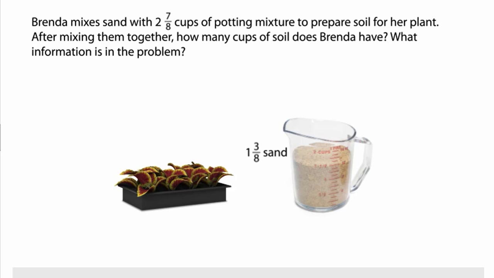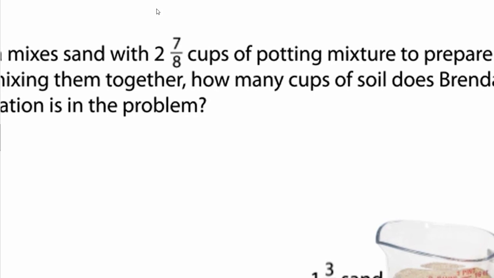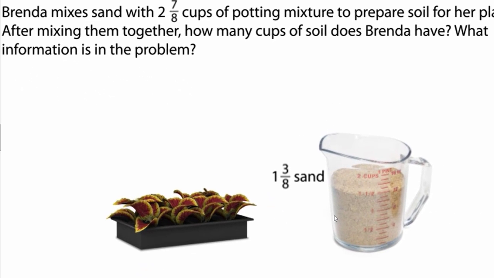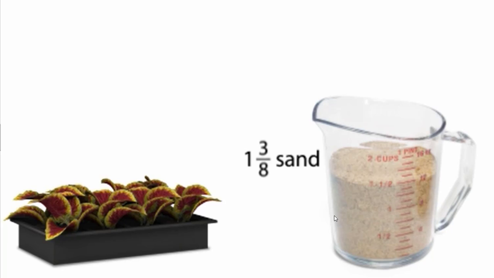Okay, the information that we have here is 2 7/8 cups of potting mixture. And in the picture itself, you can see this: 3 out of 8. 3/8.